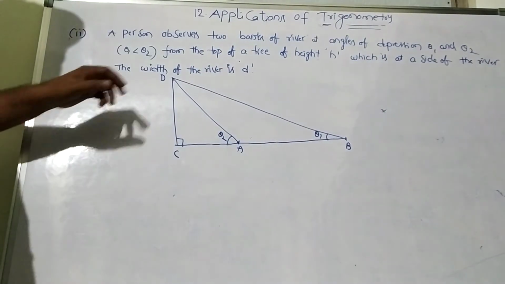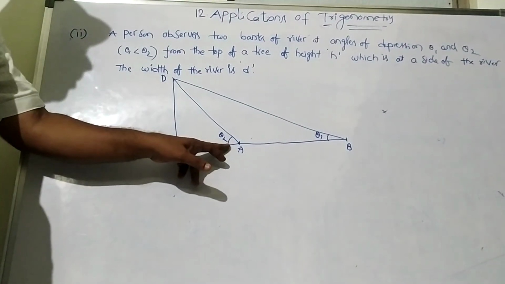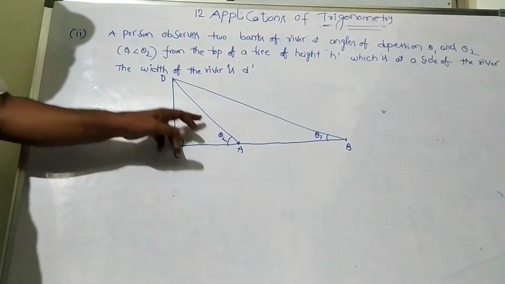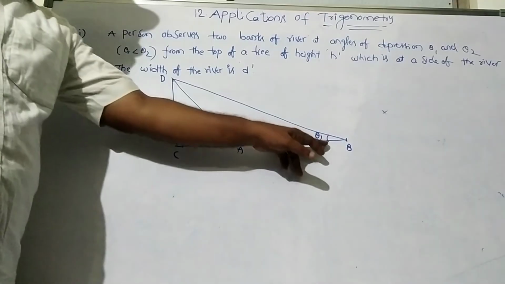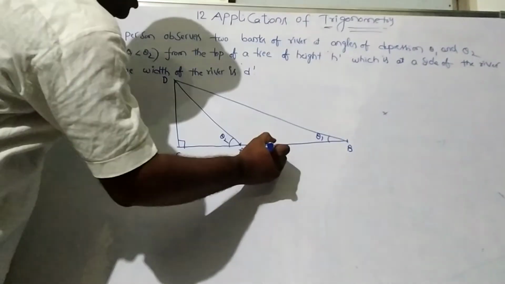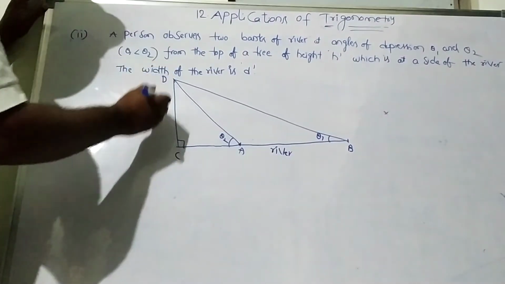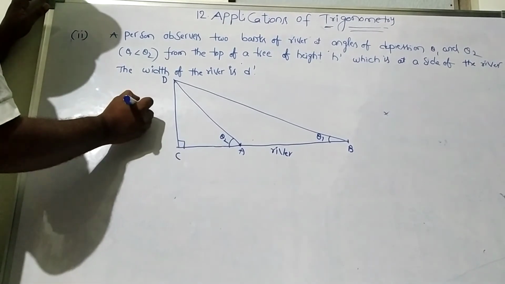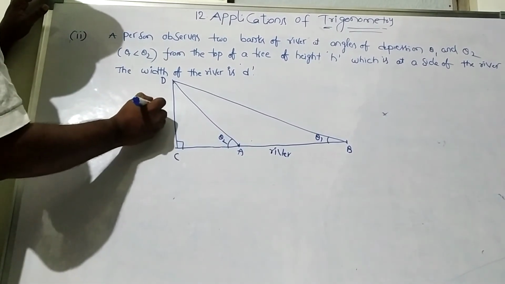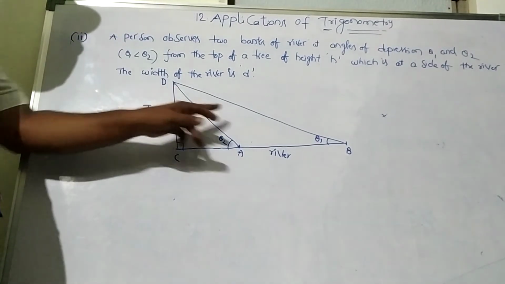So the person observed the first bank at θ2 and the second bank at θ1. AB is the river. CD is the height of the tree. So θ2 is greater than θ1.